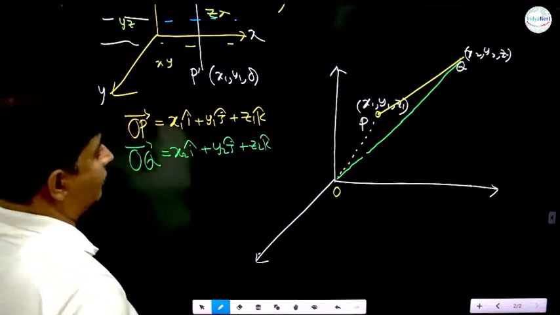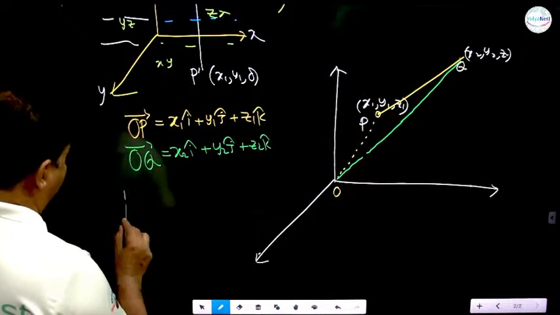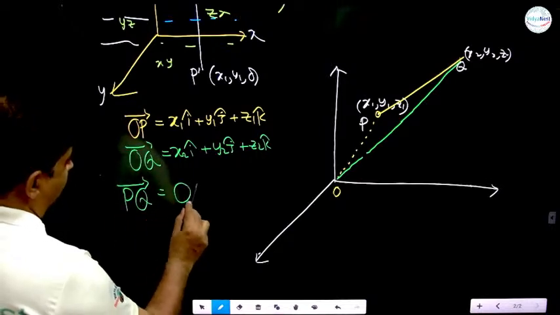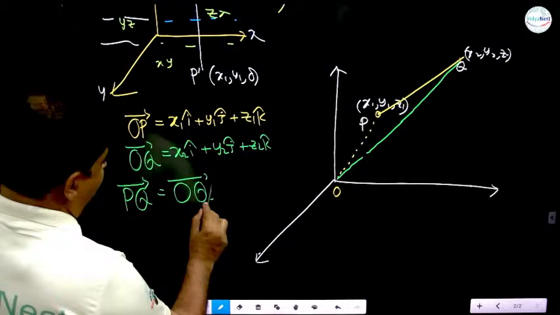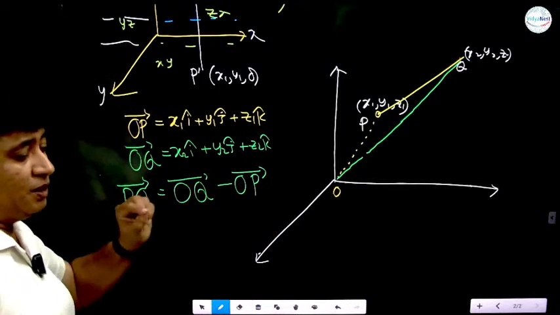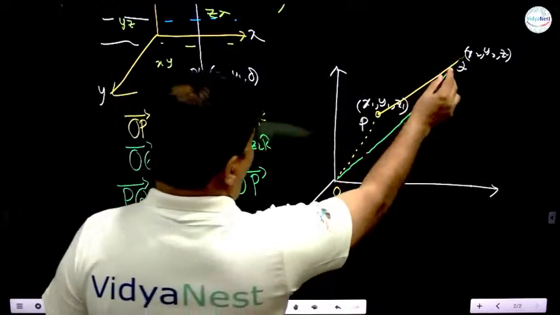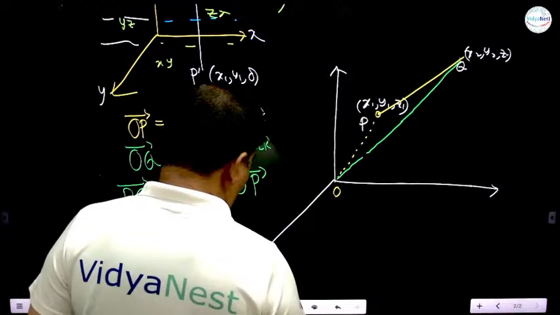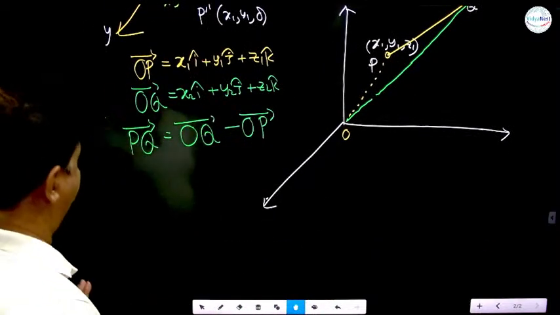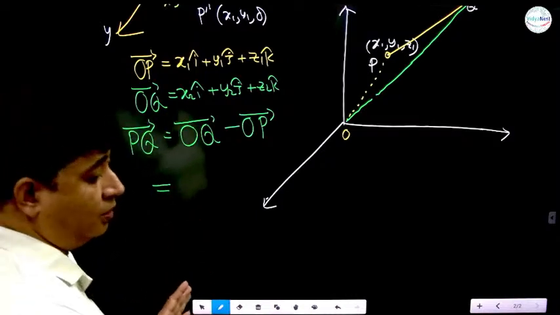Now, what about PQ? In vectors, PQ means by the triangle law, final position minus initial position. I think in physics you are taught this, yes or no? Yes, sir. So, what is OQ? Harshita, I hope you can follow. Yes, sir. If you have any doubt, ask me.